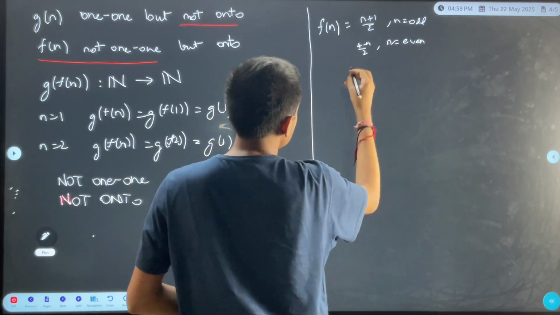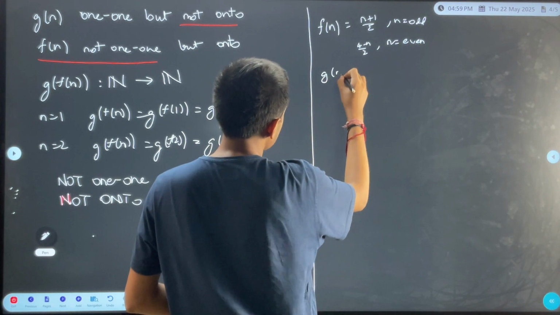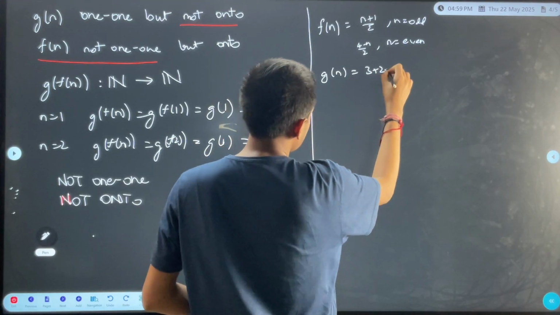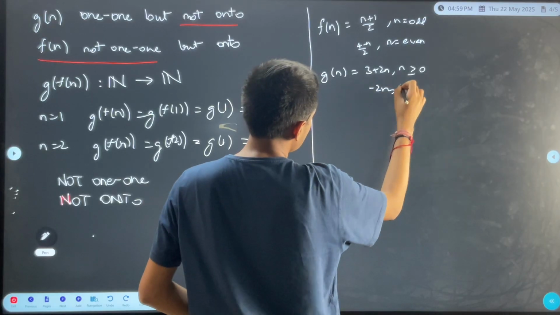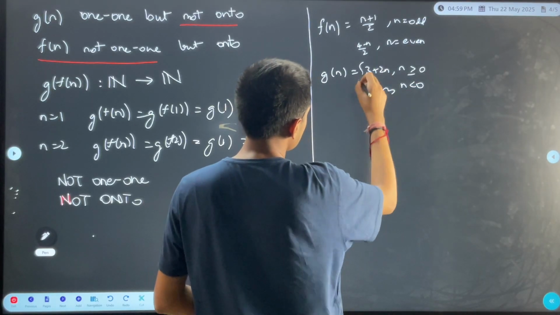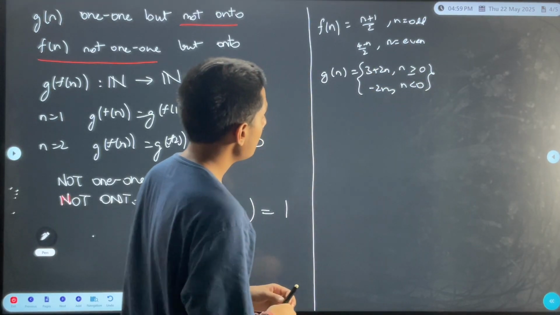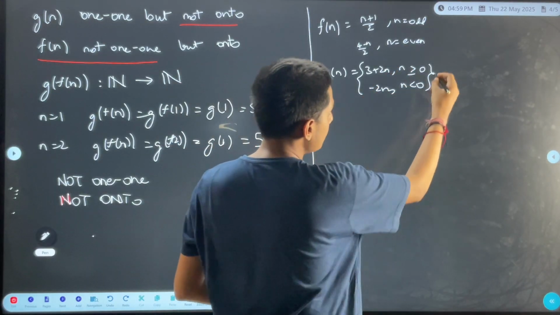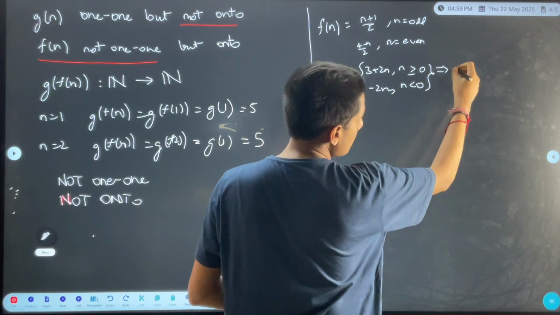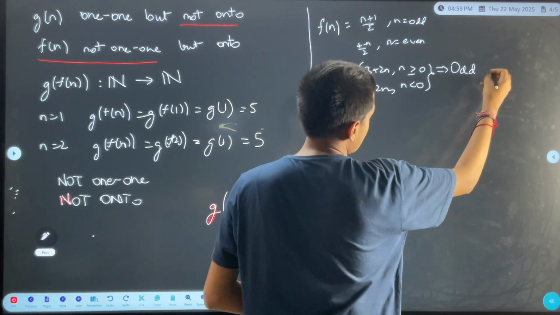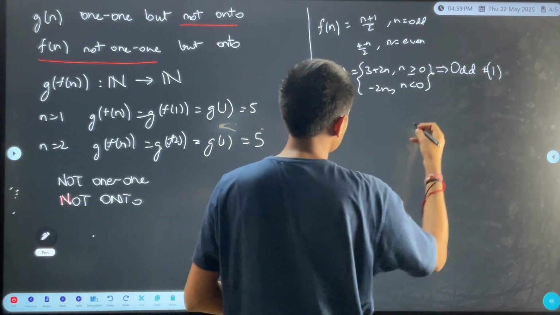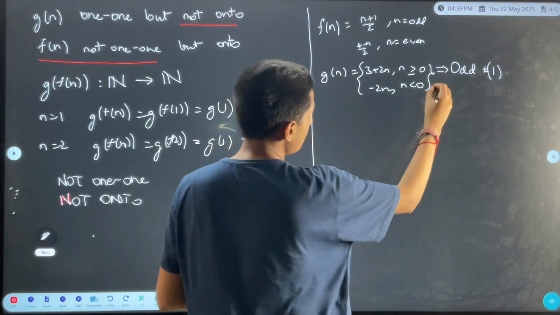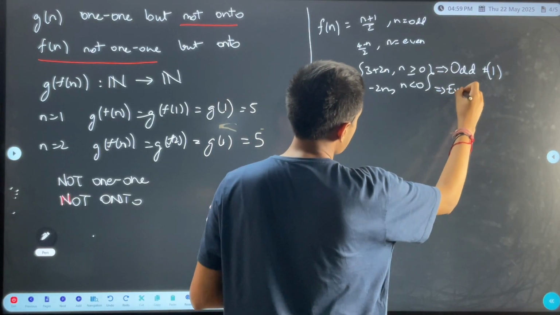And our g of n is 3 plus 2n for n greater than or equal to 0 and minus 2n for n less than 0. Now, what we can see is that for n greater than or equal to 0, the value is always odd, but it's never equal to 1. And for n less than 0, the value is always even.